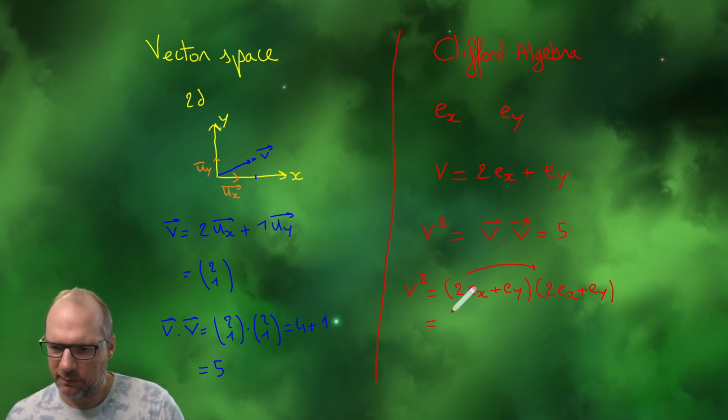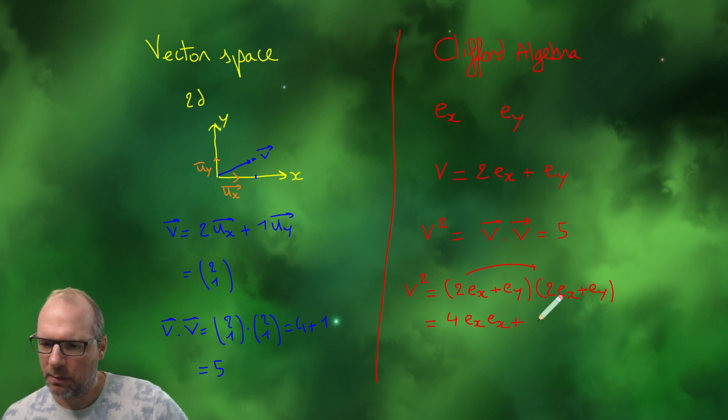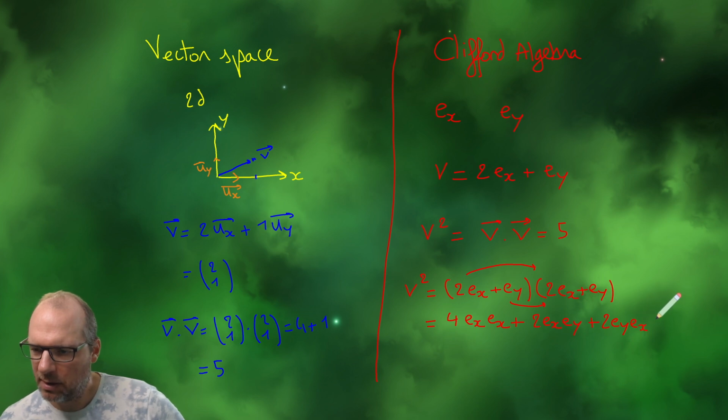So we have 4 e sub x e sub x plus 2 e sub x e sub y plus 2 e sub y e sub x plus e sub y e sub y.